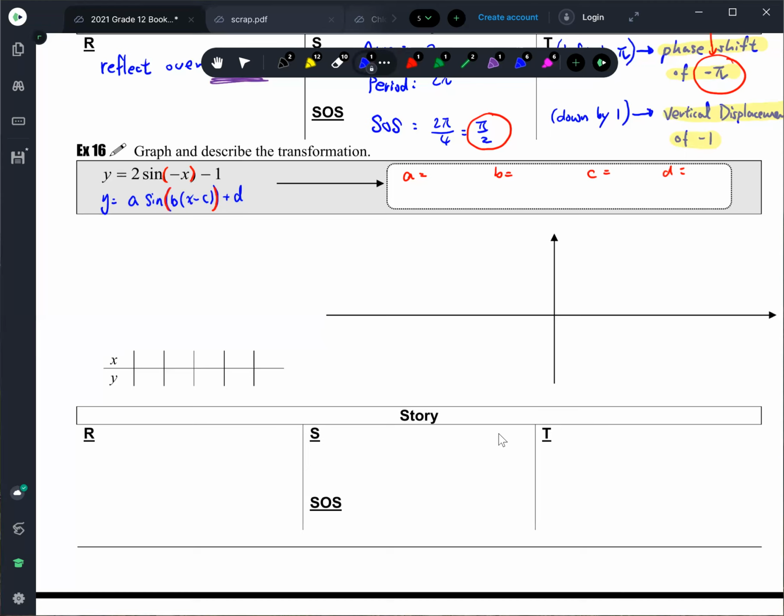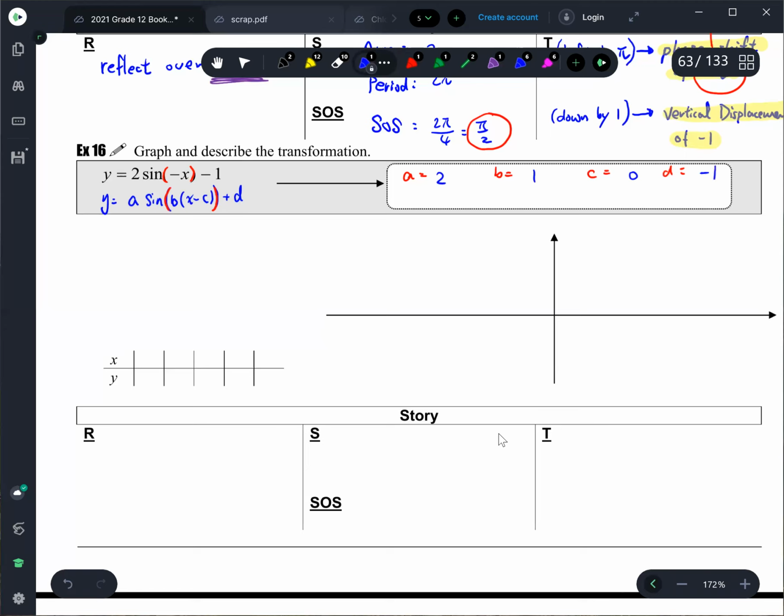Please raise your hand if you think you got the A, B, C, D. Okay, Waylon, what's your A, B, C, D? I got 2 for A, 1 for B, C for 0, and D for -1.